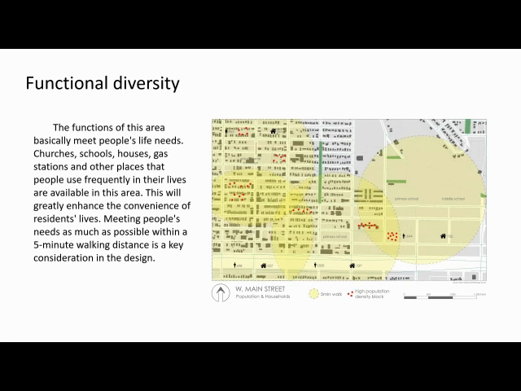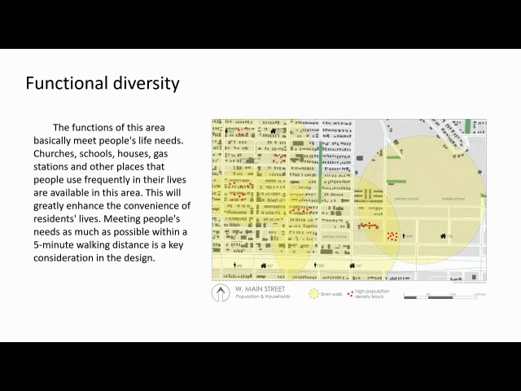And functional diversity. The functions of this area basically meet people's life needs, like school, library, gas stations, residential, or some other basic functions.